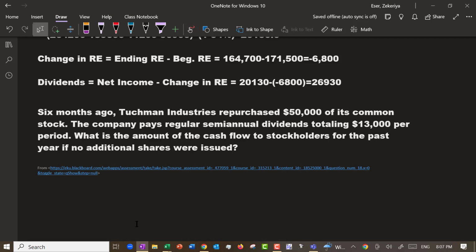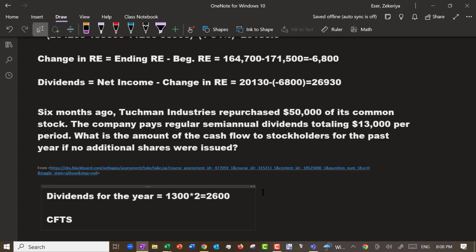Pays semi-annual dividends totaling 13,000 per period. Semi-annual means twice a year. So, what are the dividends for the year? 26,000. We're looking for cash flow to stockholders.